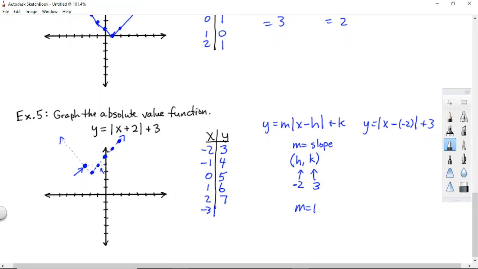So it worked. This is the same graph. I'll color it in now that we're sure. We used standard form to figure out what it's probably going to look like. We were right. We didn't make any mistakes. And when we plot points, we got the same thing.